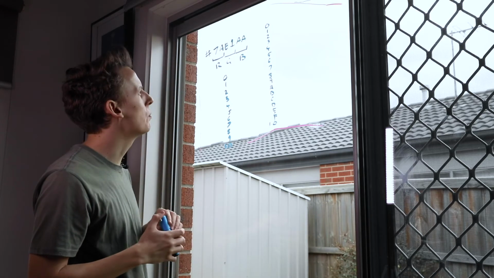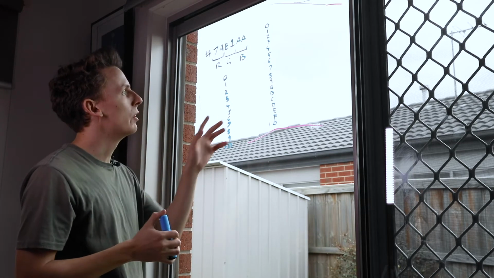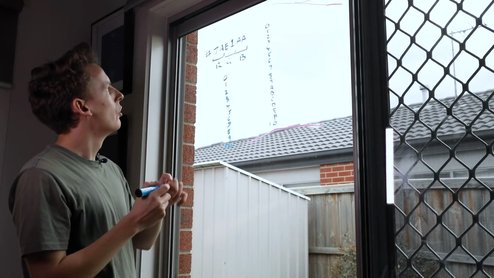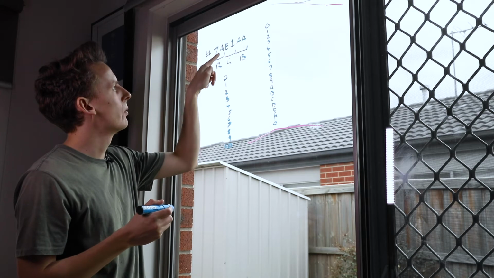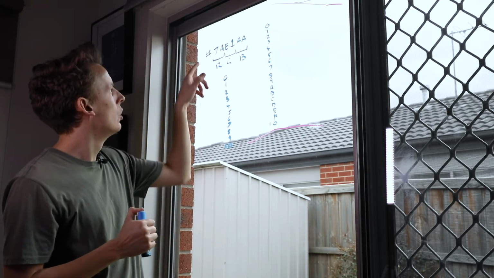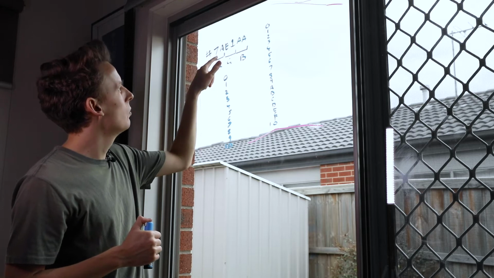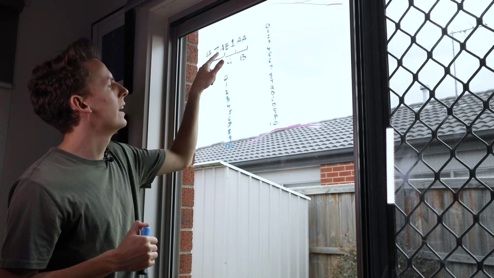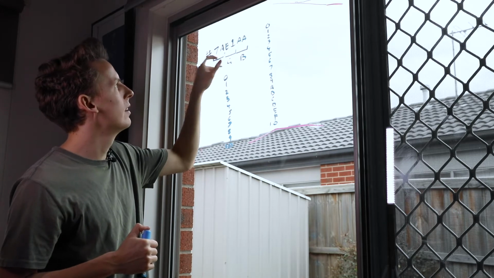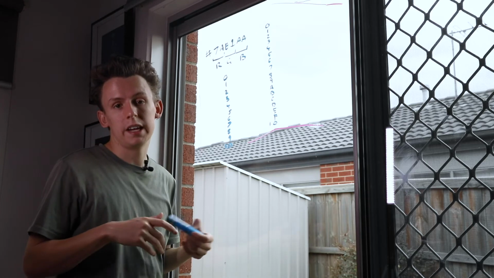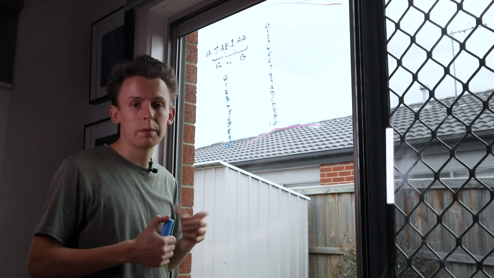I'll explain why we use base 16 in a second, but it's important to understand the way that different counting systems work. These are actually 3 two-column base 16 numbers. So 7A would be 7 in the 16s column, and A, which we know is 10, in the units column, and that would represent a number.